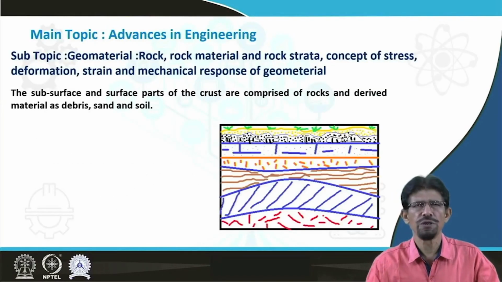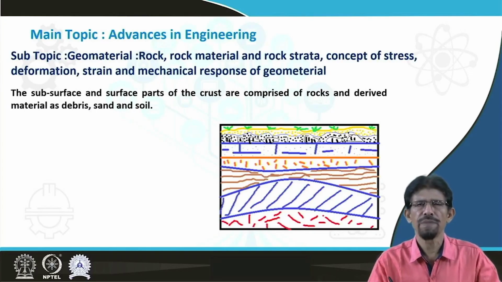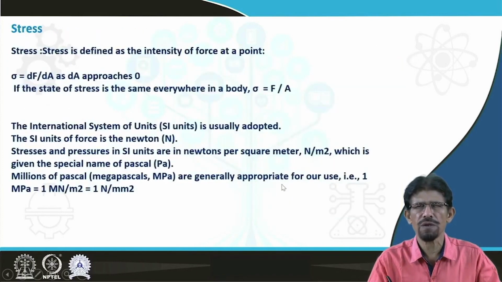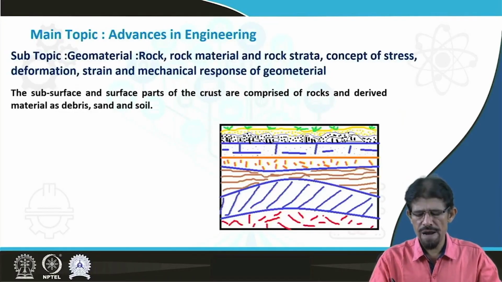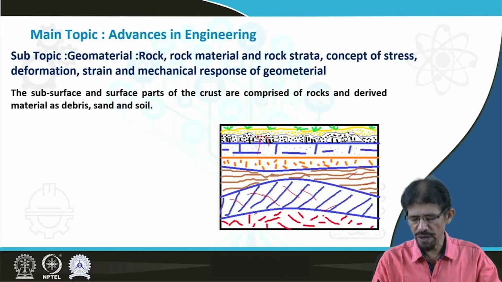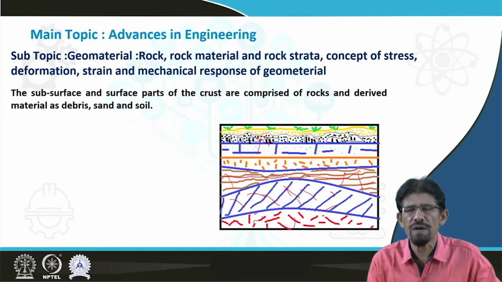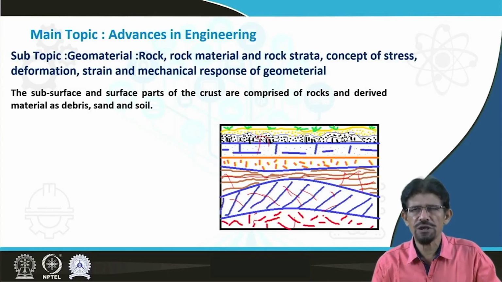Friends, as we know, in the subsurface and surface view of the earth crust, we can see different types of rock, varieties of derived material, and varieties of structures like interfaces, foliations, different types of interfaces and fractures, as we have already discussed in the previous lecture.